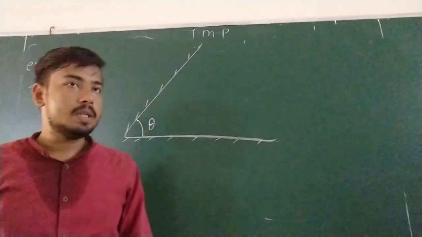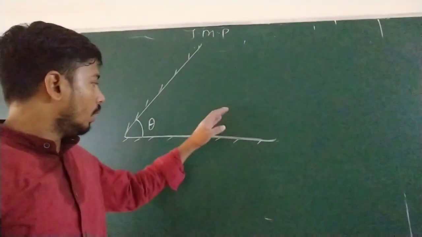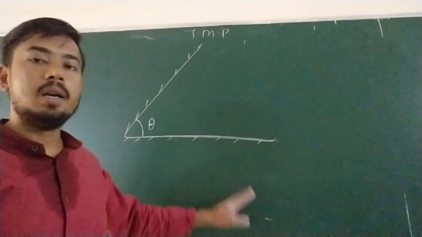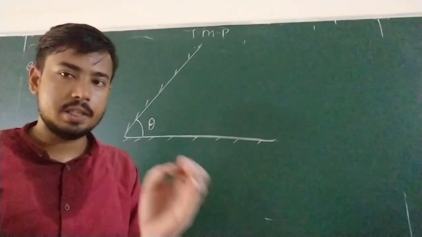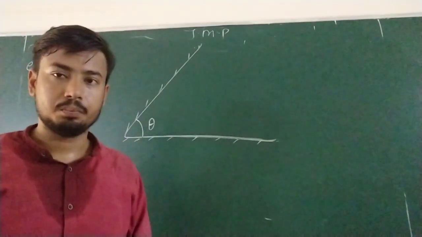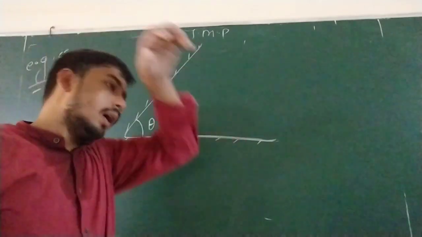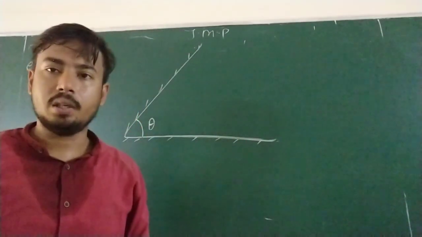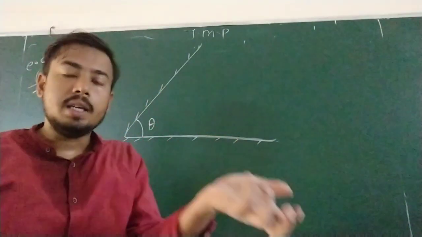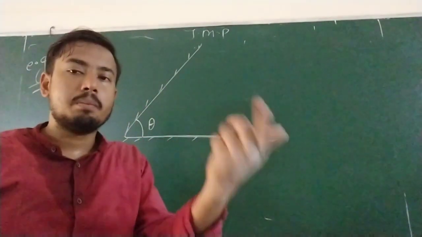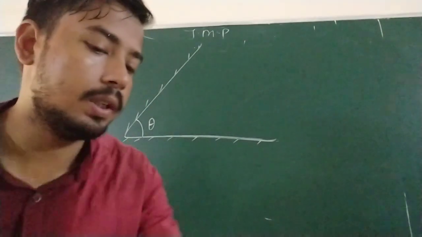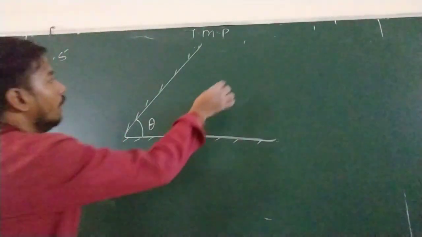The question is, light is incident on any one of the mirrors parallel to the other, right? And after two successive reflections, the reflected ray becomes parallel to the other mirror. So I'm writing this question.